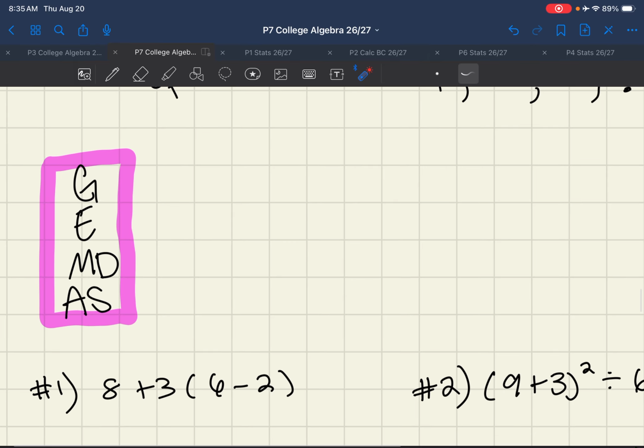Okay. And so that brings us to the acronym GEMDAS. So this should sound a little familiar. You probably heard it as PEMDAS. Well, the reason it's no longer PEMDAS is PEMDAS only has P representing the grouping symbol parentheses. And we just stated above that there are many different types of grouping symbols. So instead of just saying PEMDAS, we're going to use G to stand for grouping symbols.